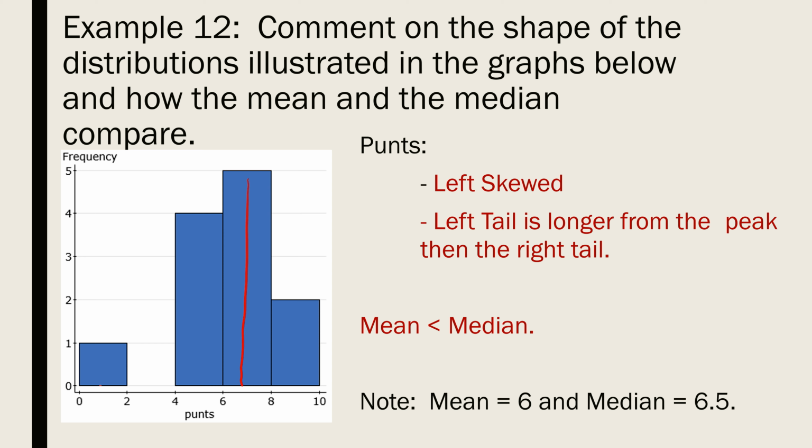And the distance between the left tail and the peak is this distance, and this one is longer than the distance between the right tail and the peak. This is shorter. And from the actual data set, we know the mean is 6 and the median is 6.5, and 6 is smaller than 6.5. That's how we can reach the conclusion.